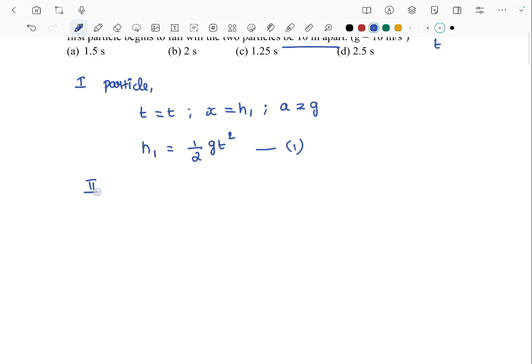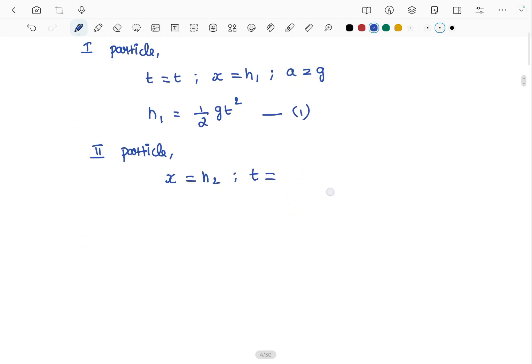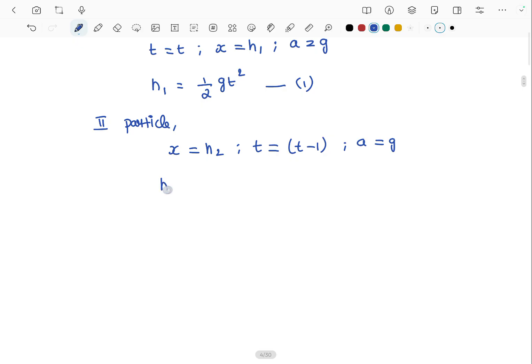Similarly, for the second particle, taking the distance as h2, then what happens to the time t? It will be less by the interval of 1 second, so t will be t minus 1, and similarly the acceleration is g. So h2 will be equal to half into g into t minus 1 the whole square.